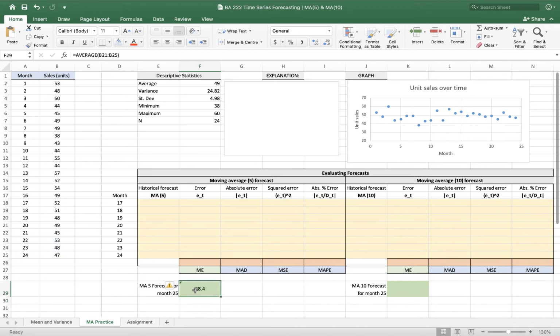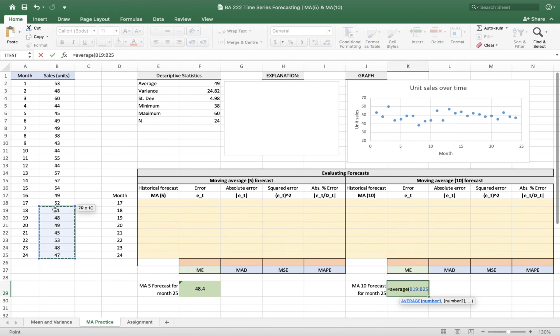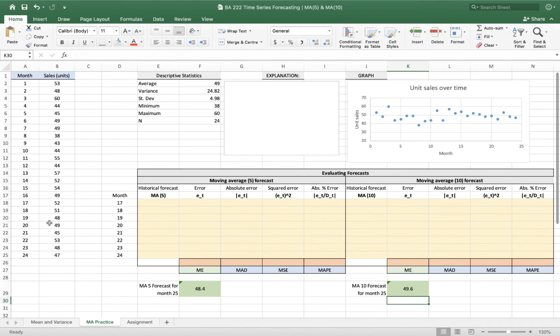Using an MA5 method, our forecast for month 25 would be 48.4. Using an MA10, my forecast for month 25 is going to be the average of the previous 10 months. So our MA5 predicts that we'll sell 48.4 units, whereas MA10 would predict that we'd sell 49.6 units.